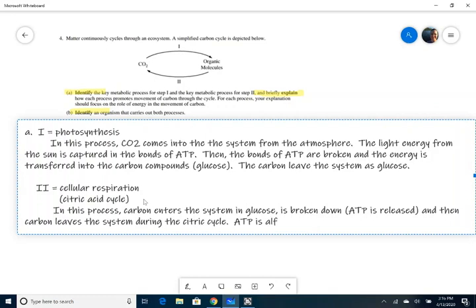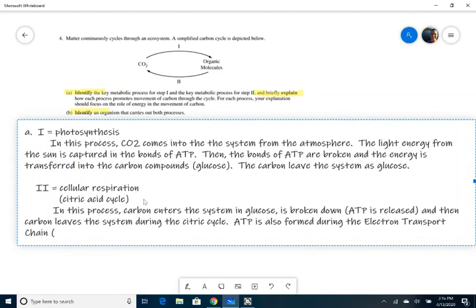ATP is also formed during the electron transport chain. And then just put a little extra vocabulary in there for chemiosmotic phosphorylation.